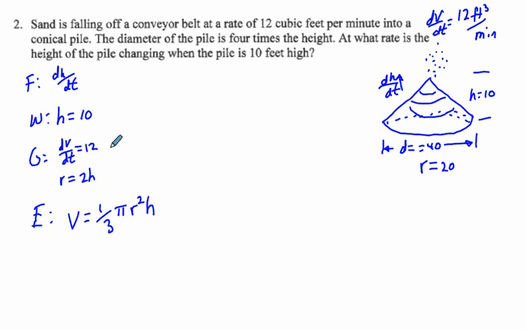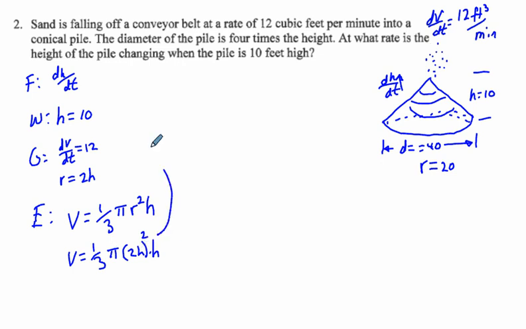Now we happen to know that the radius is equal to twice the height. And so what we can do to make our life easier is eliminate the variable r by replacing it with 2h. So we can rewrite this equation as V equals 1/3 pi, and in the place of r we put 2h and square it and multiply by h.